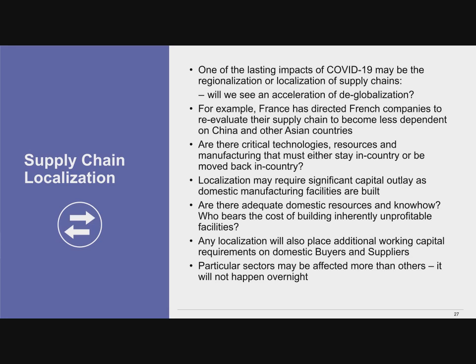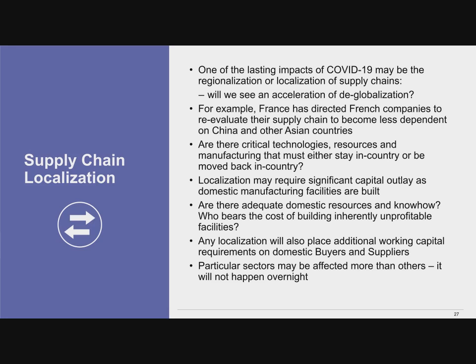You only have to look at the tremendous demand for medical equipment and medical supplies, much of which is coming from outside of the US, to say, wouldn't it make sense to encourage manufacturers to build facilities and plants here in the US to enable supplies to be readily obtained when supply chains aren't working efficiently.